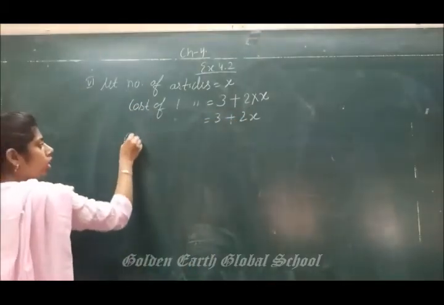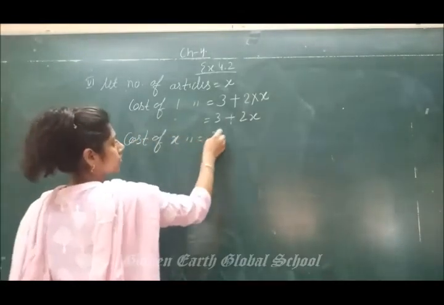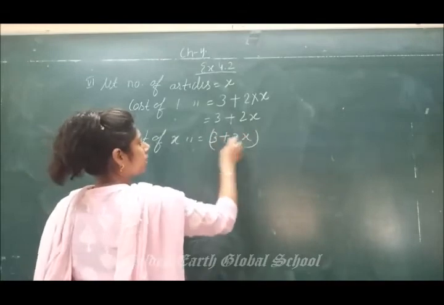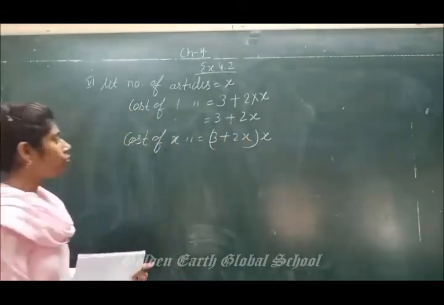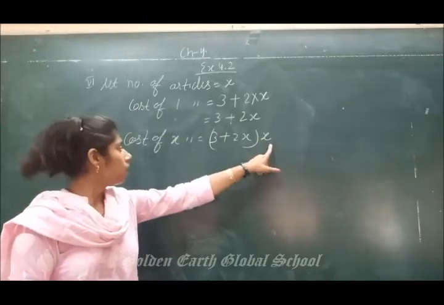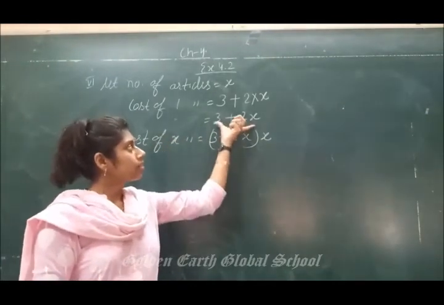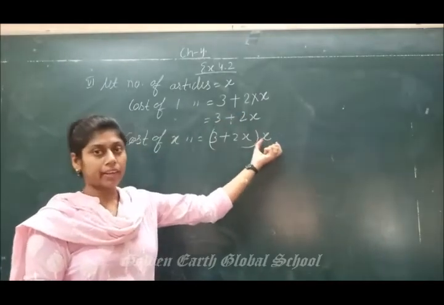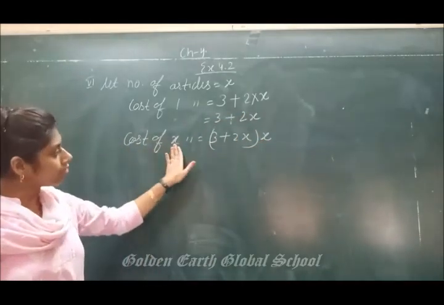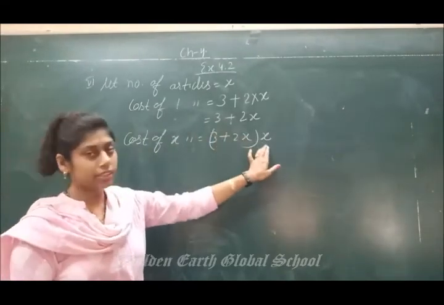Now the cost of x articles. Multiply by x, because if you have to find the cost of 2 articles, you will multiply it by 2. If you have to find the cost of 8 articles, then we will multiply the cost of one article by 8. Now we have to find the cost of x articles, so we will multiply the cost of one article with x.